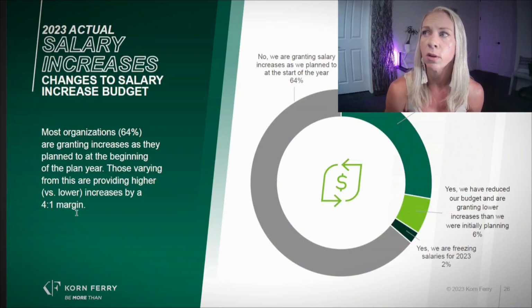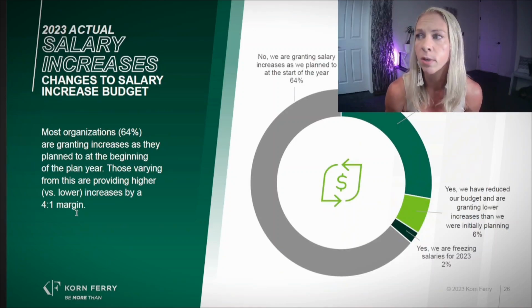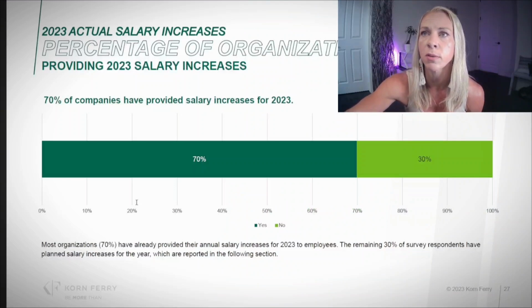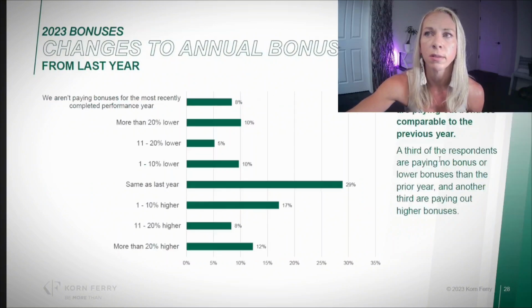Yes, we have increased our budget is 28% and will grant higher increases than we had planned. 6%, yes, we have reduced our budget and are granting lower increases than we had planned. And 2% are freezing salaries in 2023. So percentage of organizations that are providing increases is 70%, 30% are not.